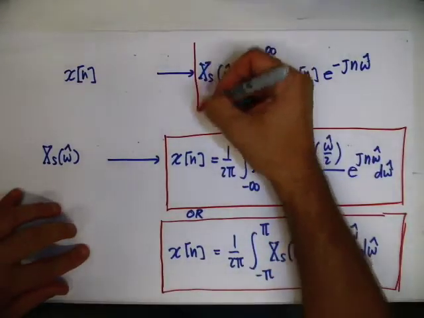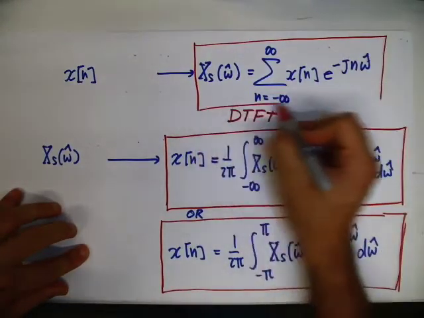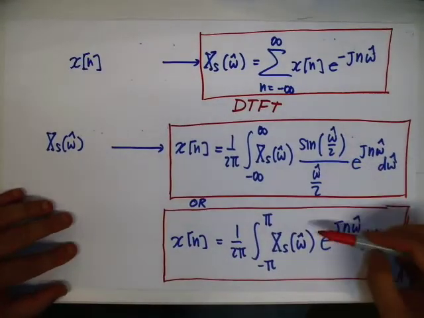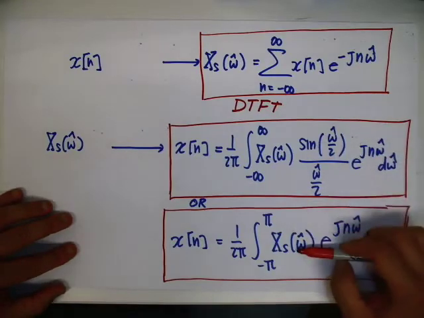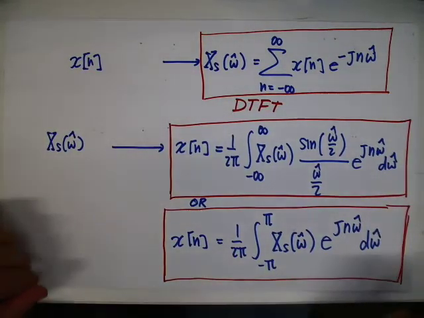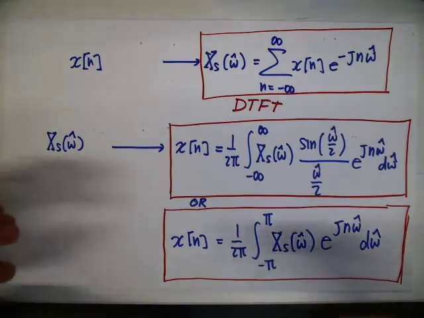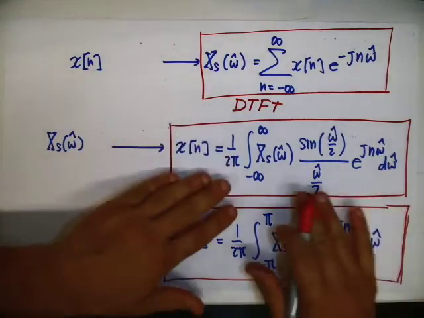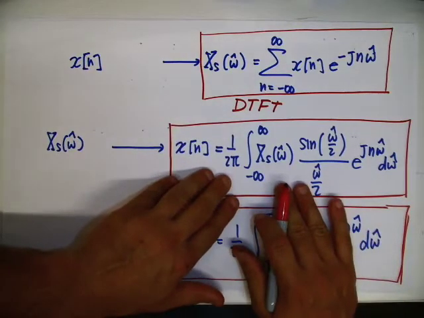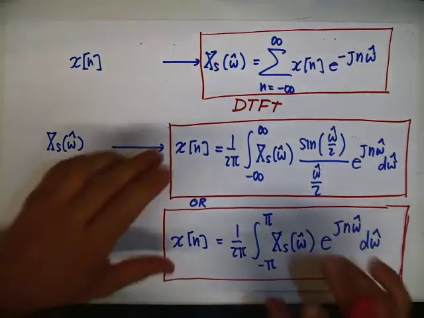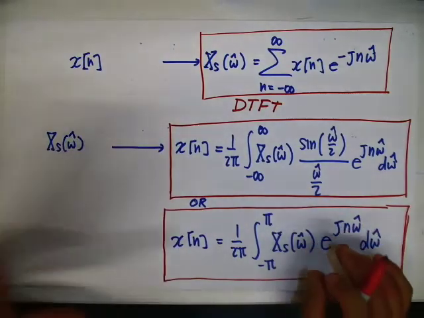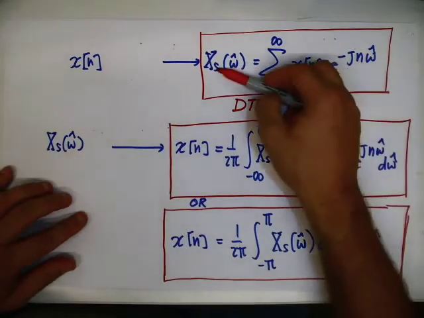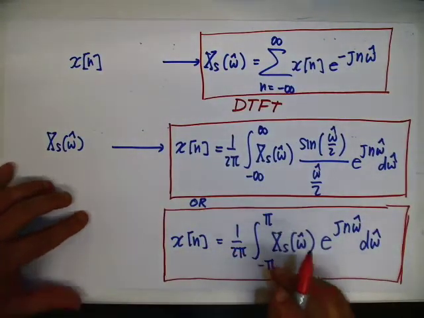It would be interesting to be able to go from here to here in a very general way. And so there are infinite expressions of this inverse discrete time Fourier transform, but they always give the same results. So we still have uniqueness. There is still a one-to-one correspondence between a discrete signal and its discrete time Fourier transform.